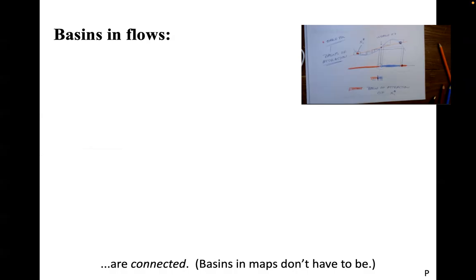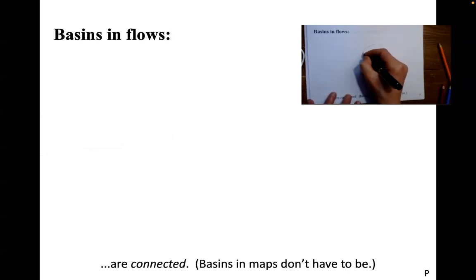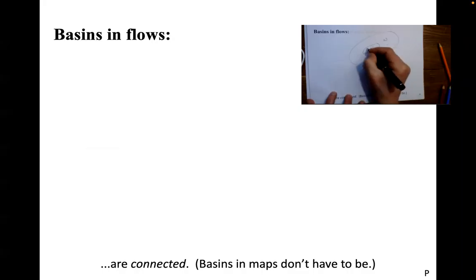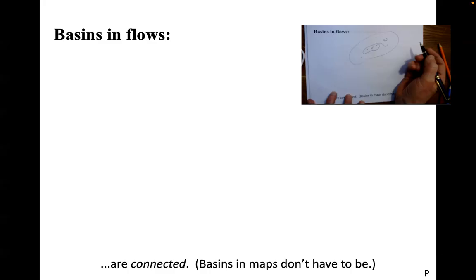And that is not the case in flows. Because in a flow, you have some sort of an attractor, call it V or whatever. It lives in the bottom of a basin of attraction, W. And any initial condition from anywhere in W, and W includes V, by the way, so this is an initial condition in W. Any initial condition from anywhere in W has to have a smooth path available to it for the trajectory to run down to V. Again, so the raindrop has to be able to run down to the ocean somehow.